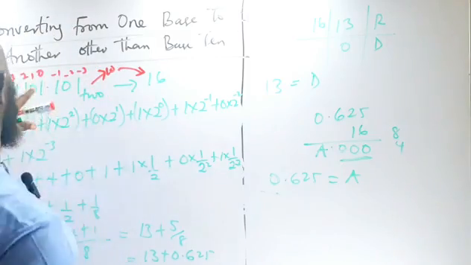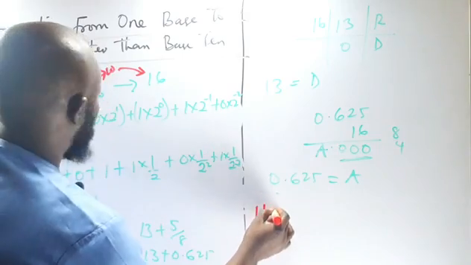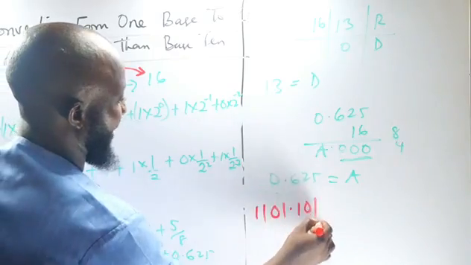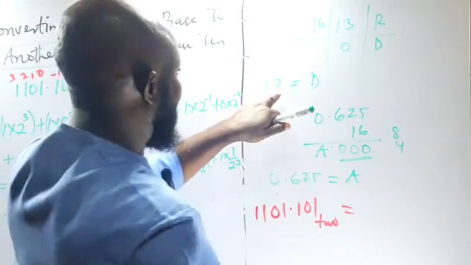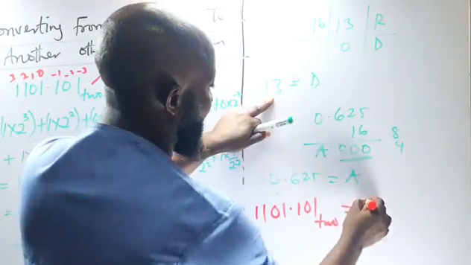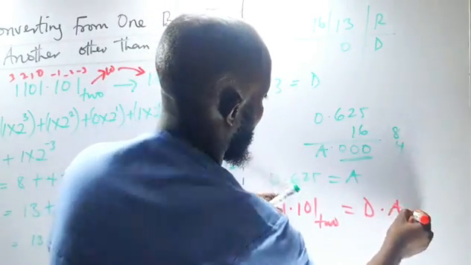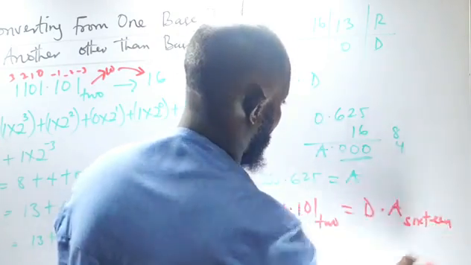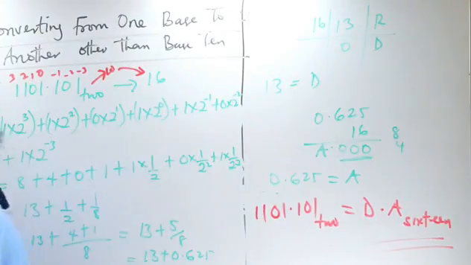So we can then conclude that 1101.101 base 2 is equal to the whole part, which is D, point, the decimal part, which is A, base 16. This is what we're going to have as our final answer.